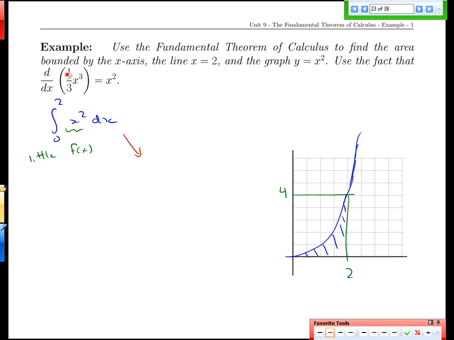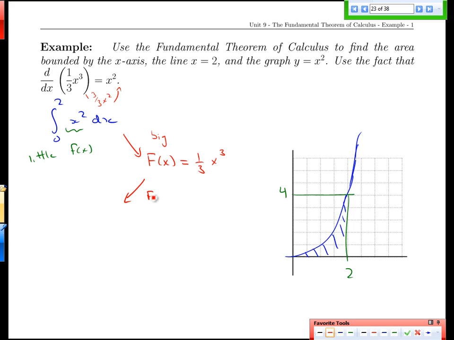The derivative of 1/3 x cubed would be, now we're just doing derivatives, bring the 3 down front, I get 3 over 3 x squared, and of course that's equal to just x squared. So we can use capital F of x, or big F of x, as 1/3 x cubed.